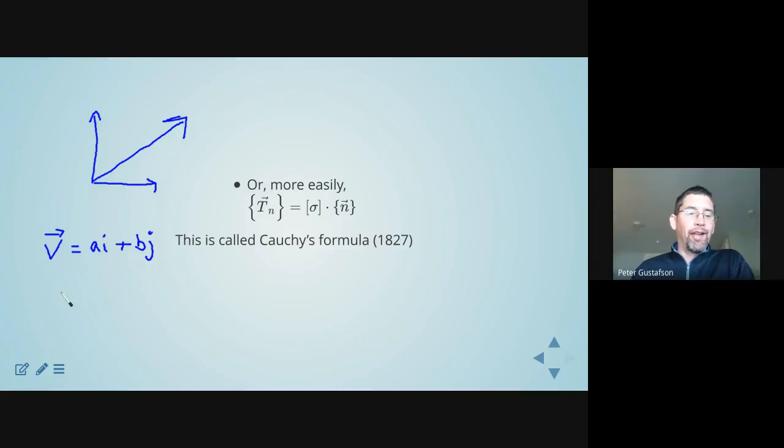We can calculate the X component of that by essentially dotting V with I. So you're dotting it, and then this is now a magnitude. It's a scalar value.